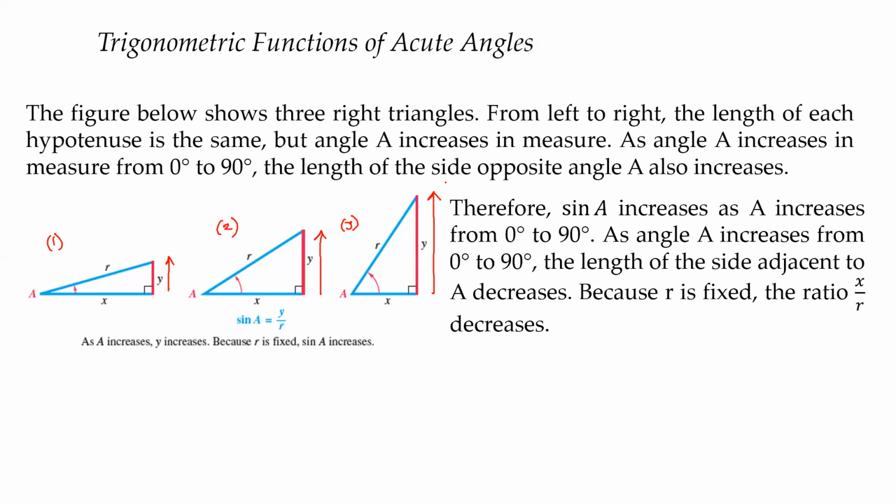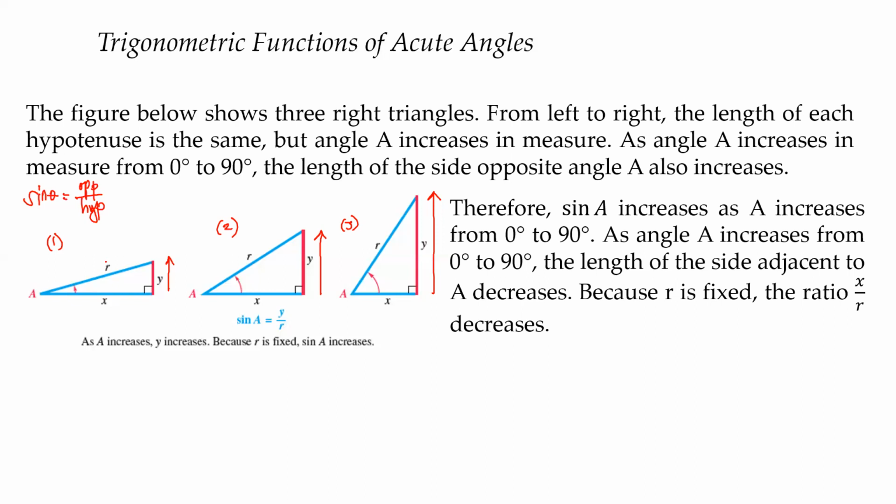Why? Take note that sine of an angle in an acute triangle is associated with the opposite side over the hypotenuse. Your hypotenuse remains constant, but your y increases. So, like any property of a fraction, as you increase your numerator while your denominator is constant, the value of your quotient increases.